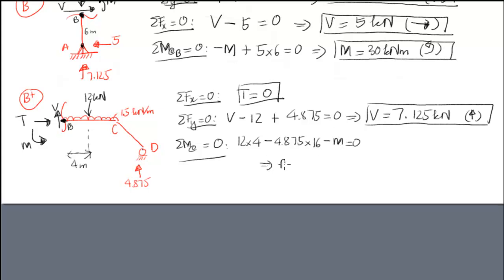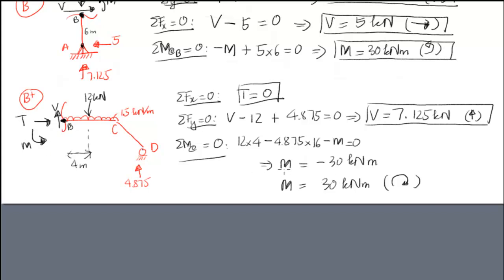So therefore M equals negative 30 kilonewton meter. I will convert it to positive, so it equals 30 kilonewton meter, and I change the direction, which is going clockwise. If you get a negative value, it means that your assumption is wrong and you have to make the opposite assumption, the opposite direction.